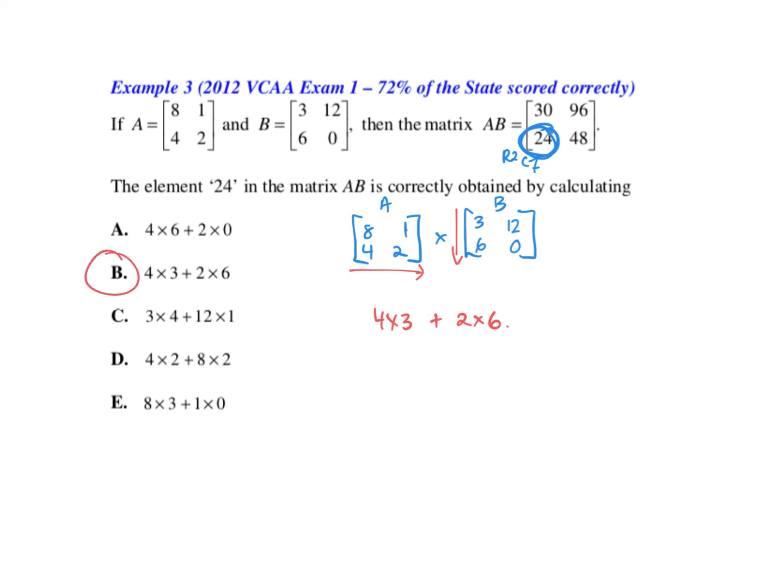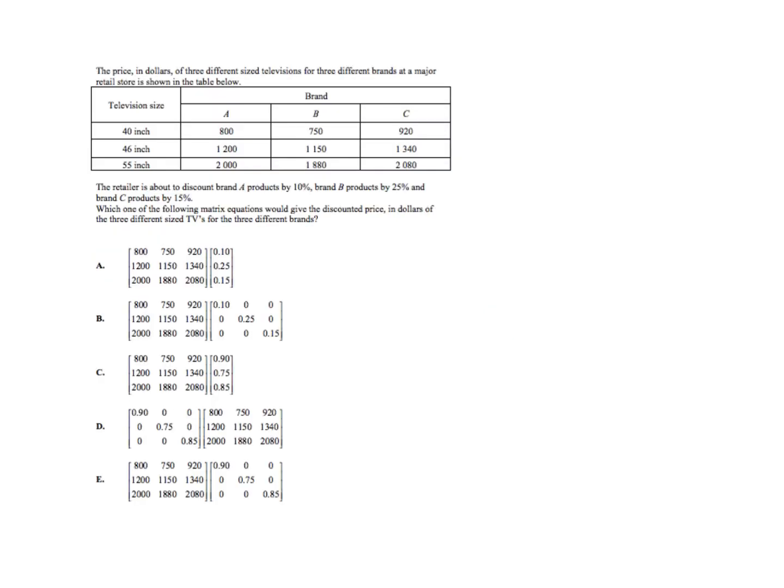It's B. Okay, so the price in dollars of 3 different televisions and 3 different brands in a major retail store is shown below. The retailer is about to discount product A by 10%. So let's start thinking about that. If we're discounting product A by 10%, just remember that means we would be timesing it by 0.90.